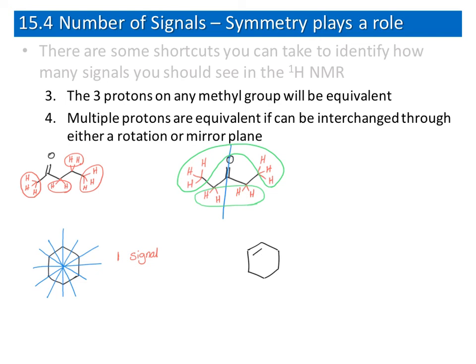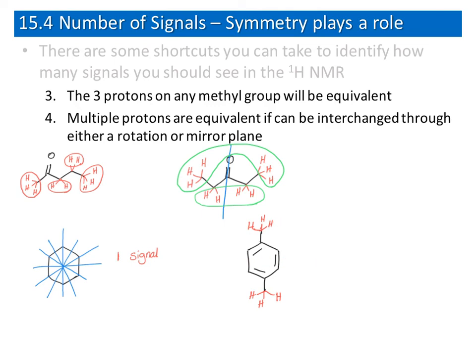Now let's look at another molecule, which we call para-dimethylbenzene. So here we've got 3 hydrogens, and here we have 3 hydrogens. So these 3 hydrogens are going to be the same as these 3 hydrogens because there is a plane of symmetry here.